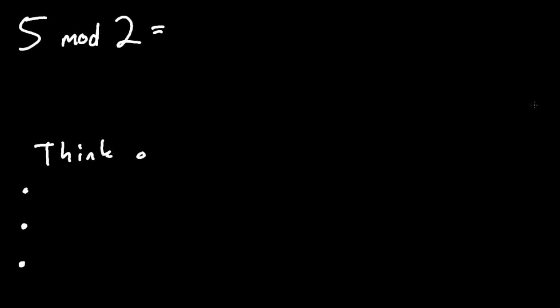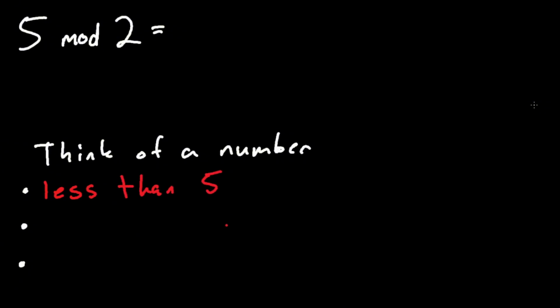Think of a number. Okay, this number has to be less than 5, all right? So less than the left number, and this could be some arbitrary variable, let's say x, and x is on the left side of mod, but in this case, I'll write down 5 because that's for the problem.